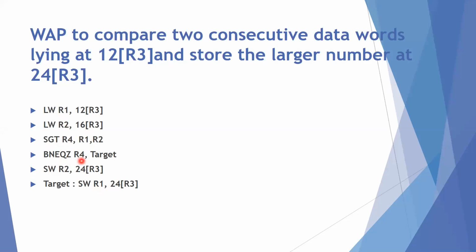If R4 is not 0, I should store the larger number at 24 bracket R3, else I should store the number or the greater number which is in R2 at 24 R3, and then I can jump to halt. So I hope you're getting my point, why we use this instruction. ये clear है सबको? Yes, ma'am.